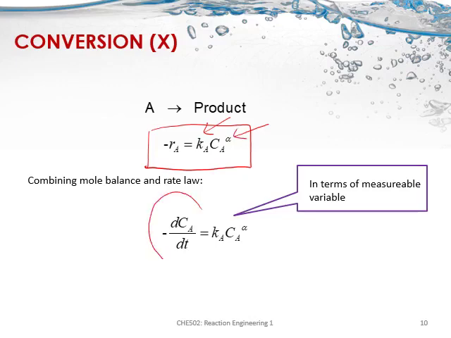Still remember, this equation comes from the definition of rate of reaction itself. It is the change in concentration with respect to time, and is given by Ka Ca power alpha. So basically, we are going to utilize these two main equations, the rate law equation and the mole balance.